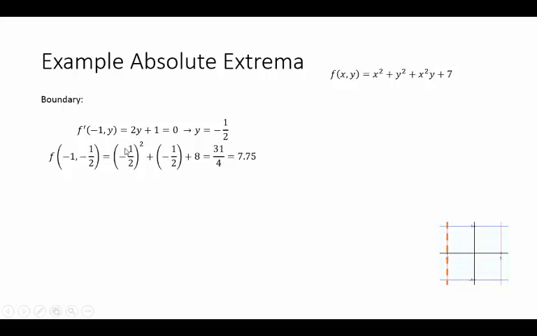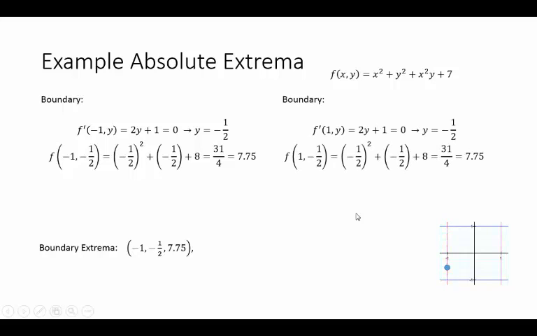When I take the derivative of that with respect to y and set it equal to 0, and put -1 in for x, a fixed constant, I get y is equal to -1/2. And so that is going to be a point on the boundary that's a possible maximum or minimum. We'll mark that point and save it for later.